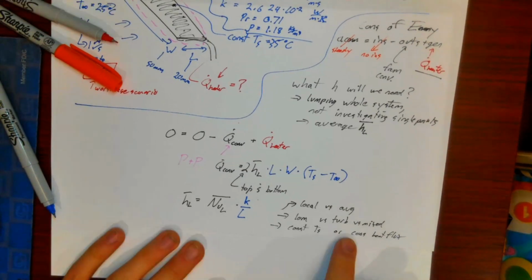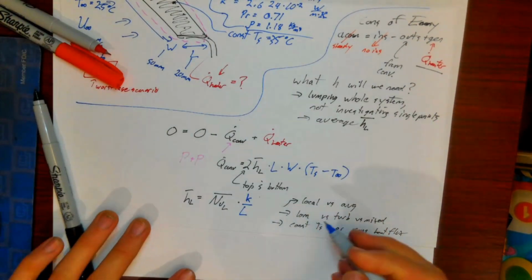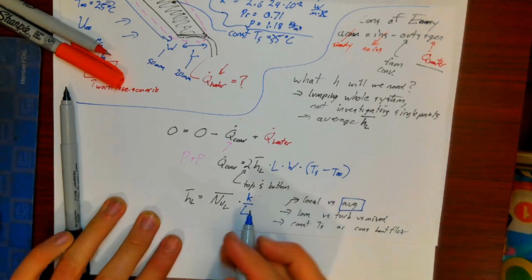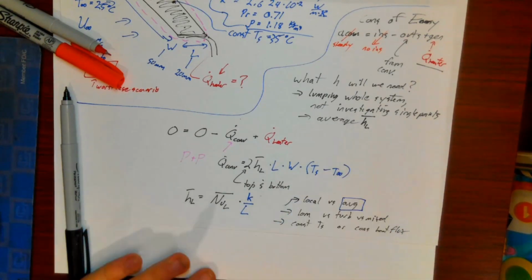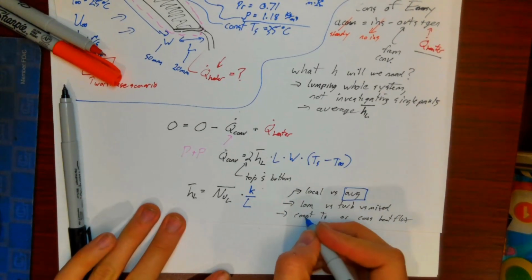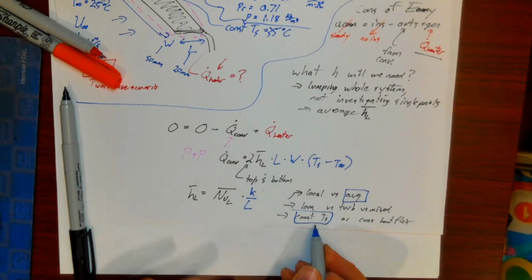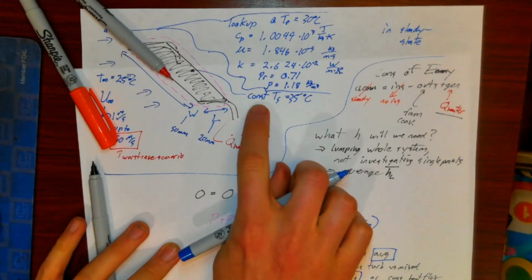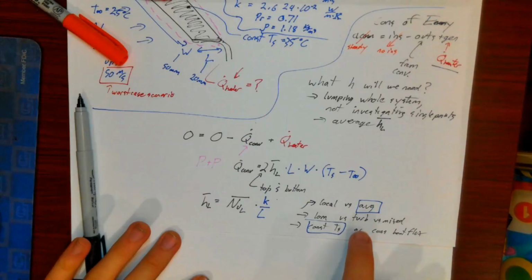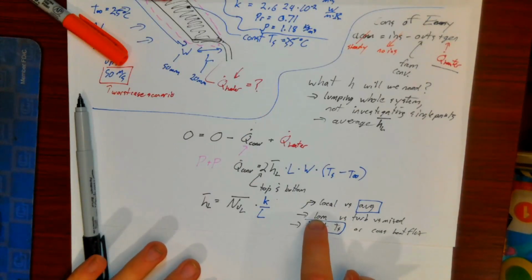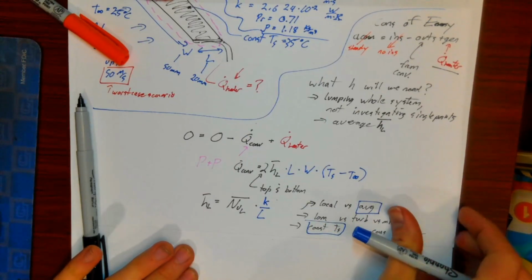Well, we can answer 2 of these right away. We know we're going to want the averaged quantity for this rationale right here, and we know we're dealing with constant T_s because that's what was described in the problem statement. So now we just need to ask ourselves, is the flow laminar or turbulent or mixed?